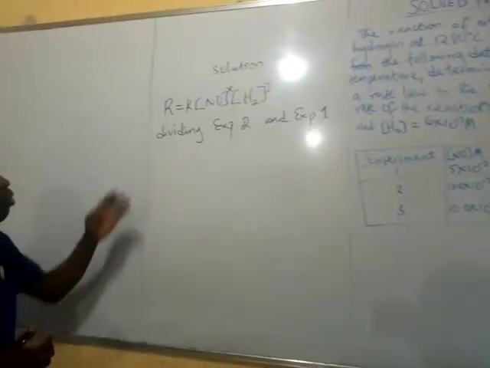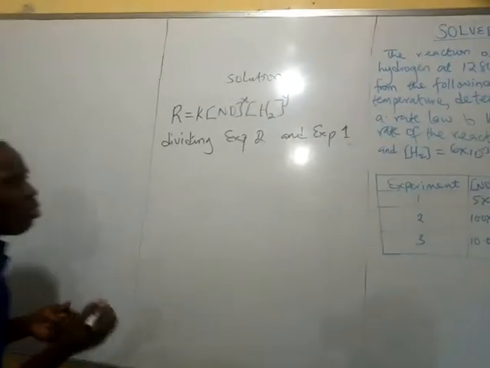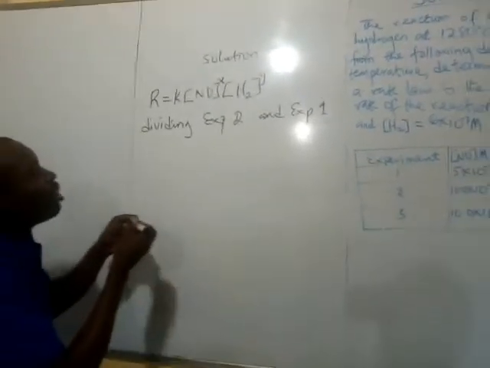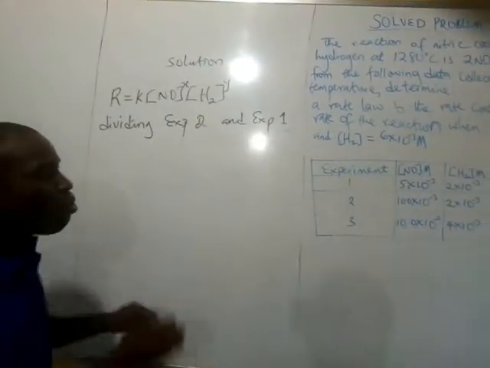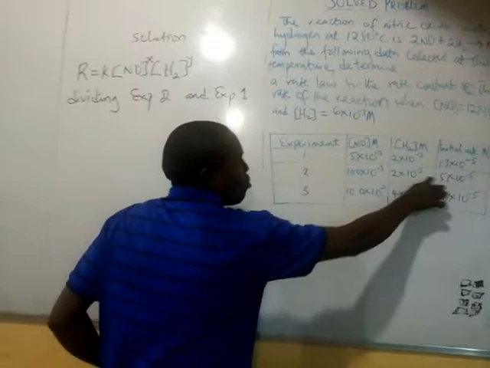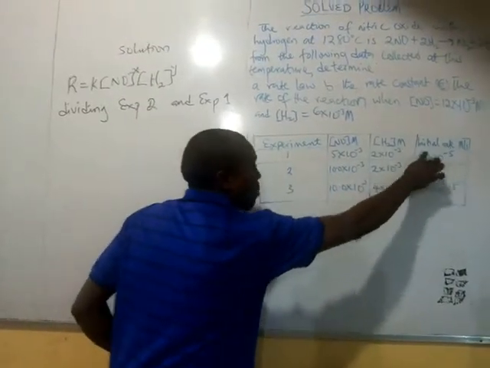Okay, now when you look at this aspect here, we said divide experiment 2 by experiment 1. So we'll pick all the values of experiment 2 divided by all the values of experiment 1.